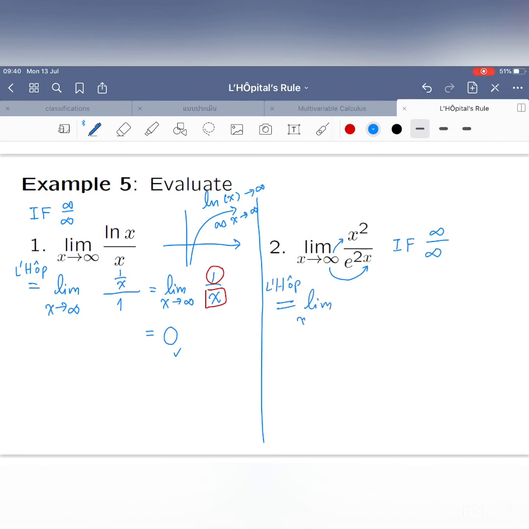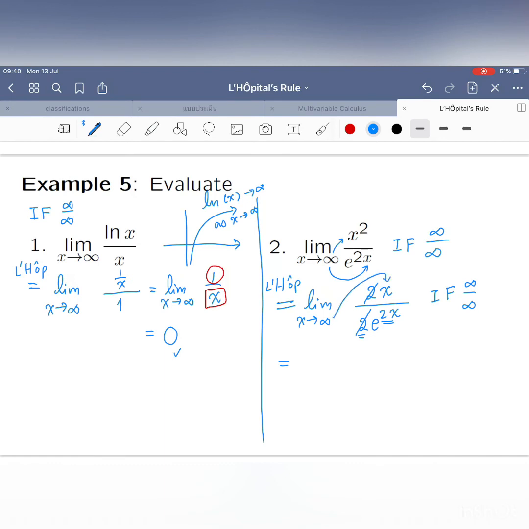L'Hopital says that you can find the limit of the derivative of the top over the derivative of the bottom. Don't forget that it will be e to the 2x, and then the derivative of the one inside, which is the derivative of 2x. So you can cancel the 2 and the 2 first, and you may say that, hey, this is still infinity over infinity as your x goes to infinity.